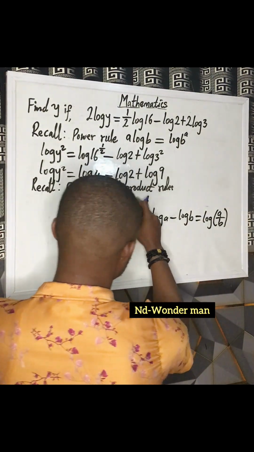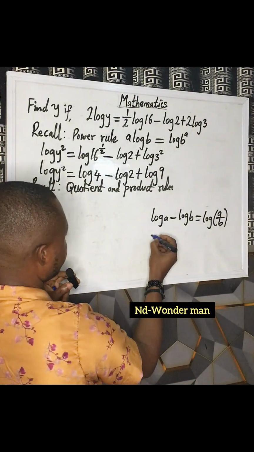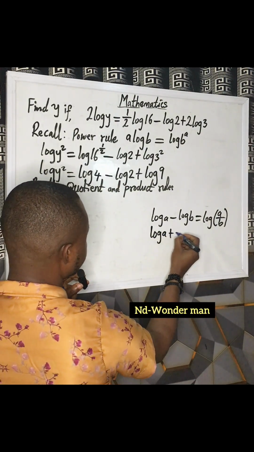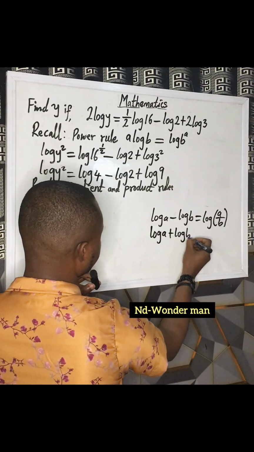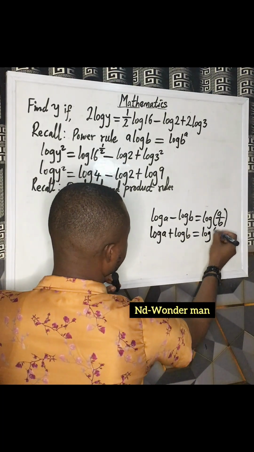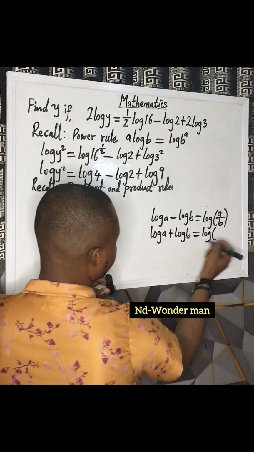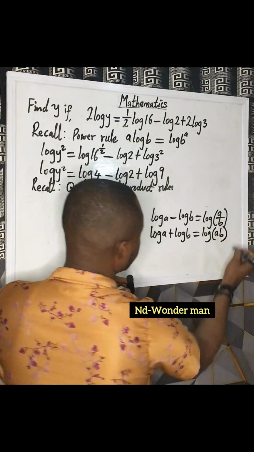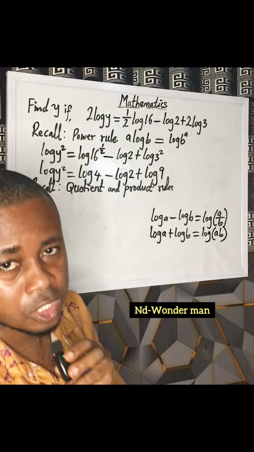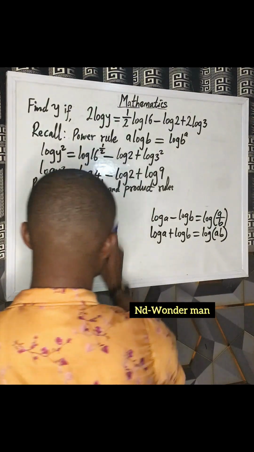Then what about product rule? In product rule, if you have log a plus log b, that becomes log a times b, which is log ab. All these things must be put into consideration in order to get this solution.